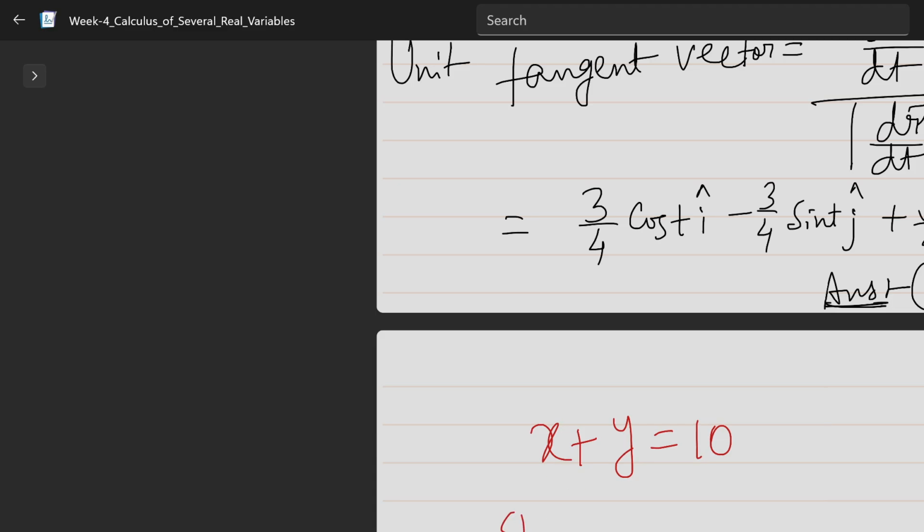It is a straight line in 2D and a plane equation in 3D. Because it is in two dimensions, it is a straight line, but it is a plane along the z-axis. Z is not given, so z is anything.